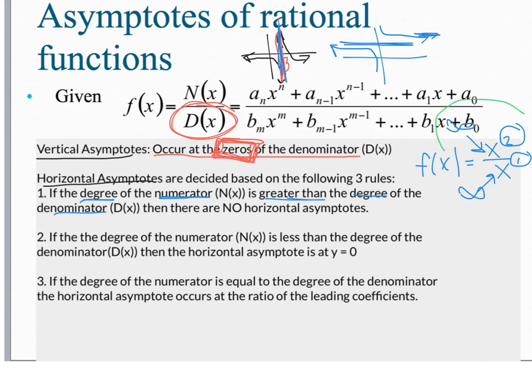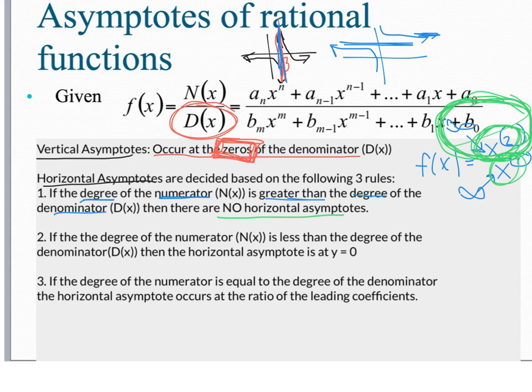Hopefully you said that infinity squared is bigger because that's infinity times infinity. It's infinitely greater than the denominator. So that is going to cause the end of my graph to increase constantly. It's going to continue going up because the top is just so much bigger than the bottom. So when the top is bigger than the bottom, there are no horizontal asymptotes. There's nothing bringing us back down.